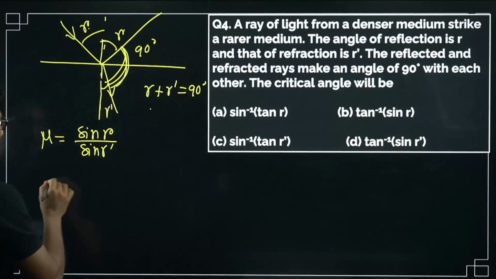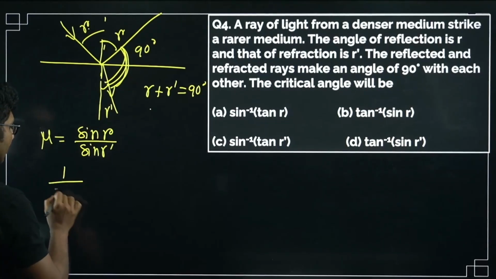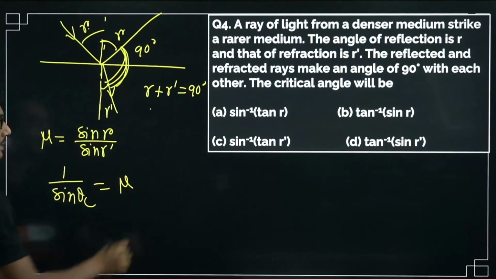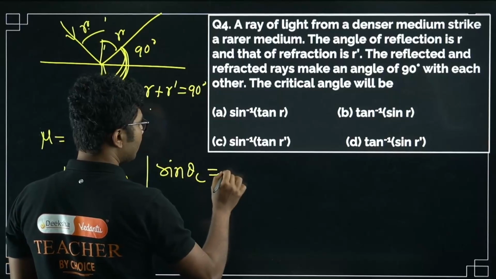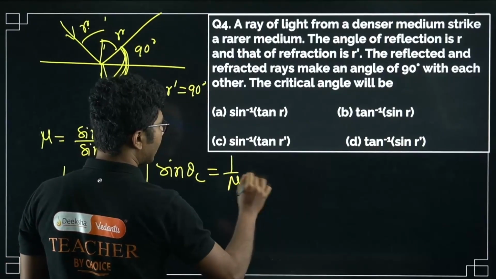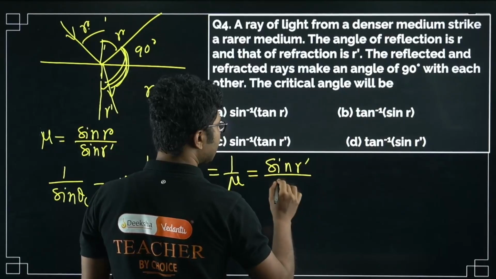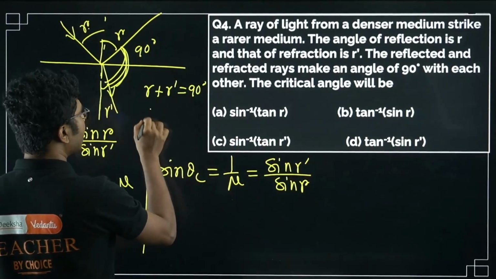now we are trying to find the critical angle. So 1 by sine theta c equals the refractive index, right? Or sine theta c equals 1 upon mu, we know that, or this equals sine r dash by sine r. That's why I waited over here to decide which one to substitute.